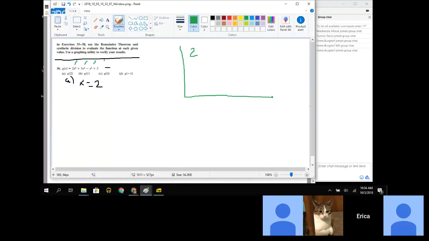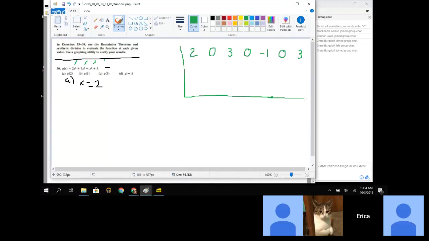We don't have an x to the 5th power, but we actually have to put a placeholder in for x to the 5th power. For x to the 4th power, we have a coefficient of 3. X to the 3rd power, we don't have a coefficient. X to the 2nd power is -1. X, just x, we have no coefficient, so it's 0. And then we just have a constant of 3.